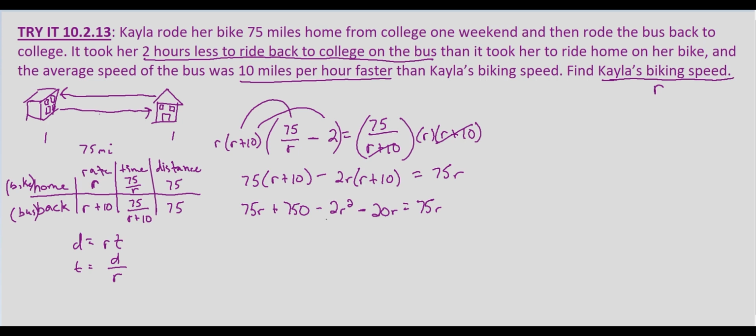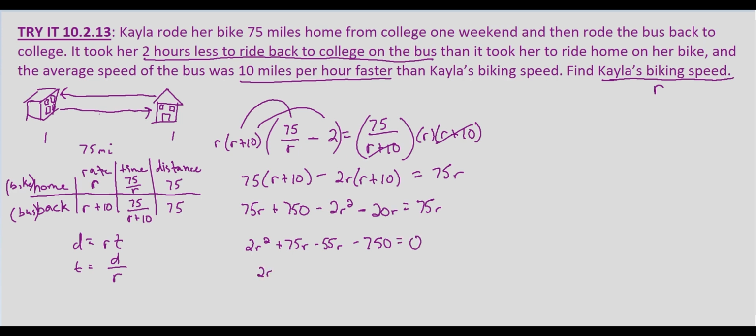So if we move everything to the right-hand side, we add 2R squared to both sides. We have 2R squared. Then 75 minus 20, that's 55R. So we still have the 75R. We're subtracting 55R. And then subtract the 750. So we have minus 750 equals 0.